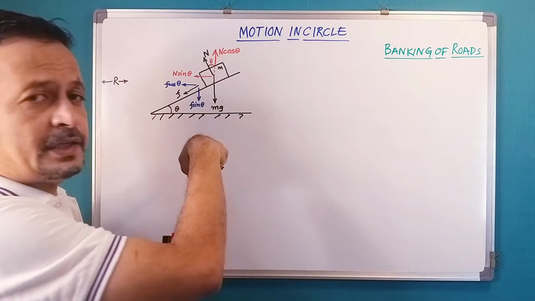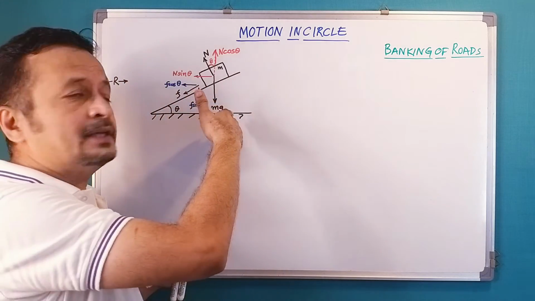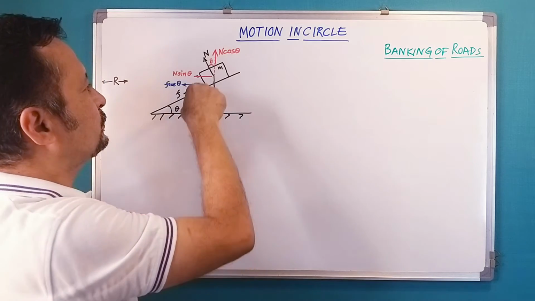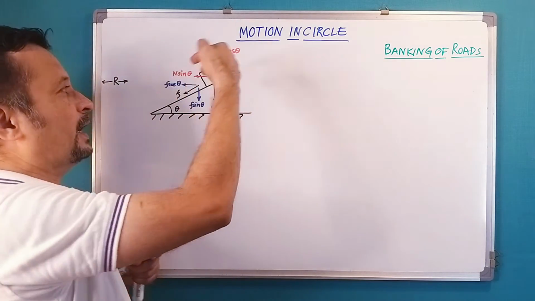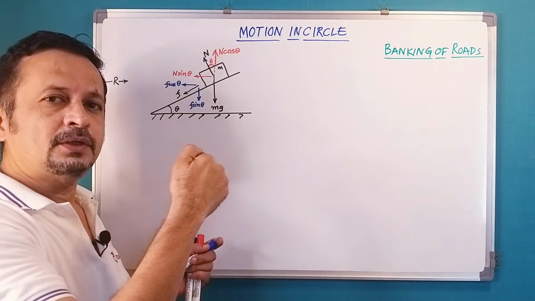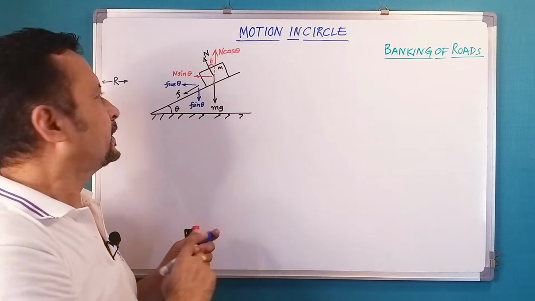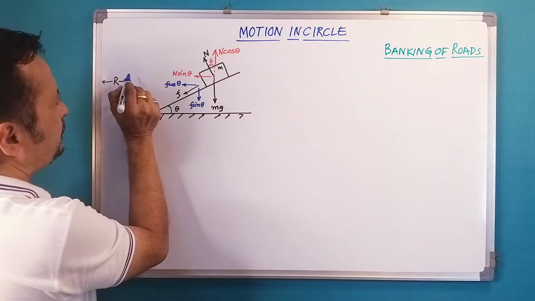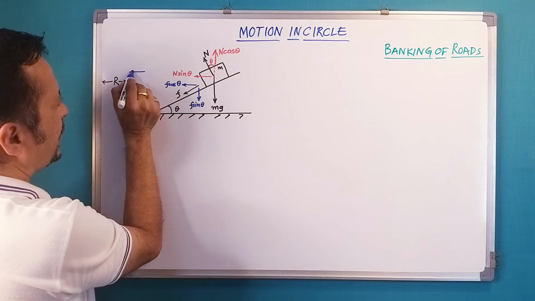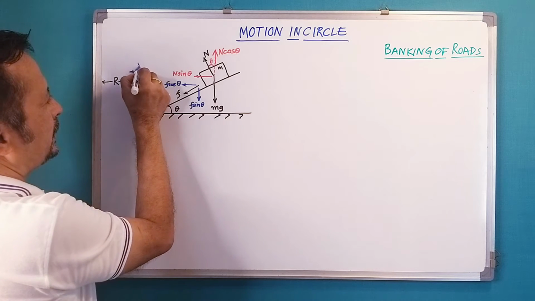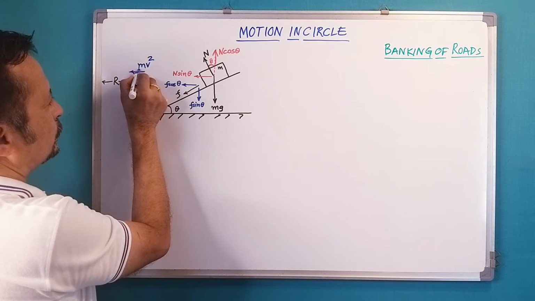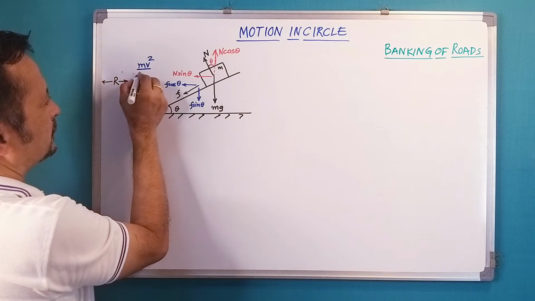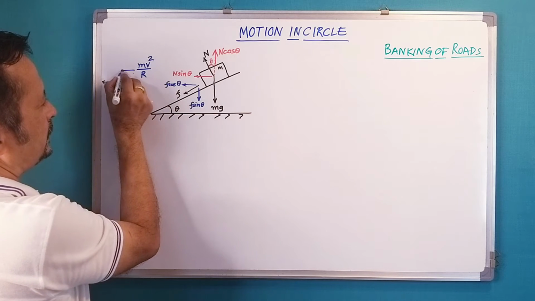Weight acting vertically downwards, normal force acting perpendicular to the road surface, force of friction acting along the slope. And my centripetal force over here would be equal to mv square over r, and that would be over here.